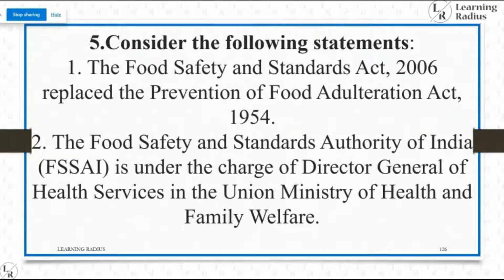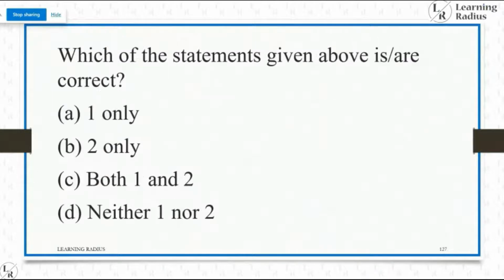From 1954 onwards, prevention of food adulteration was a part of the Director General of Health Services. So the statement that FSSAI is under the charge of Director General of Health Services is wrong, and the first statement is right. Answer is one only.